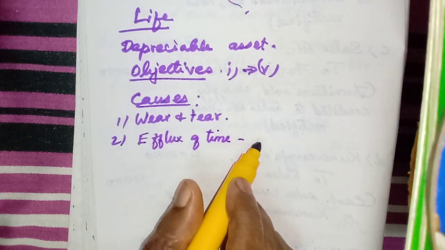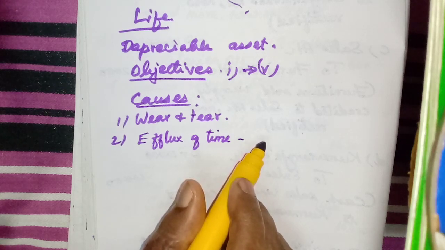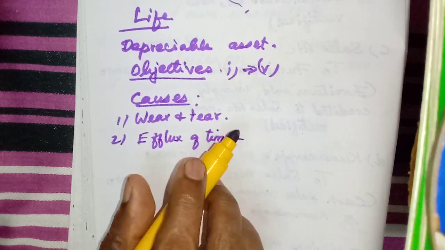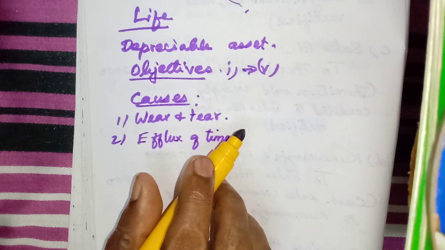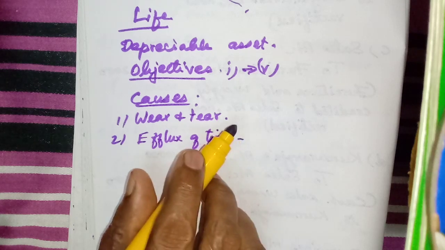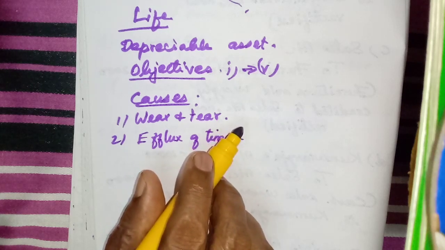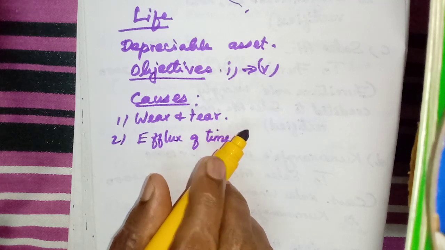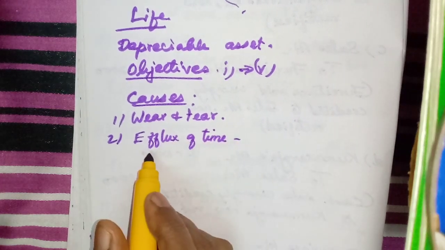We purchase one car and we just keep it in the car park without using. Will its life be more? No. Even if we do not use that car, its life will be less, isn't it? Value will get reduced. That is called effect of time.